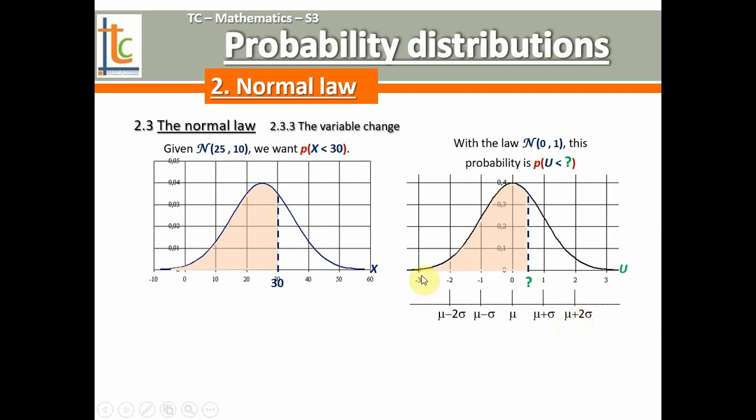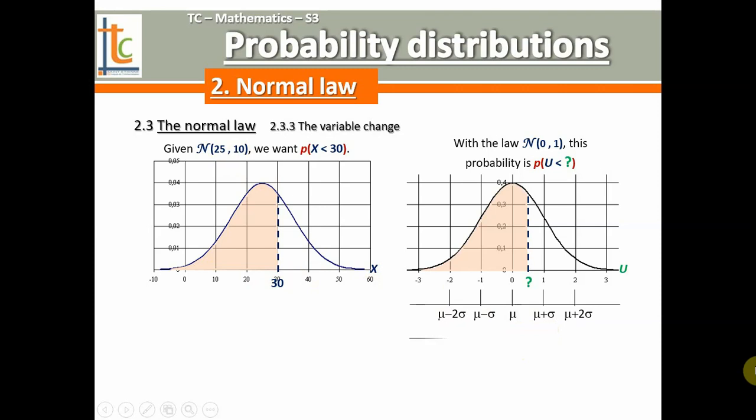So we can guess that the scale -3, -2, -1, 0, 1, 2, 3 is actually the general scale that appears here, and that will help us to translate it into the x values, where the central value is 25, and where adding one standard deviation means adding 10.